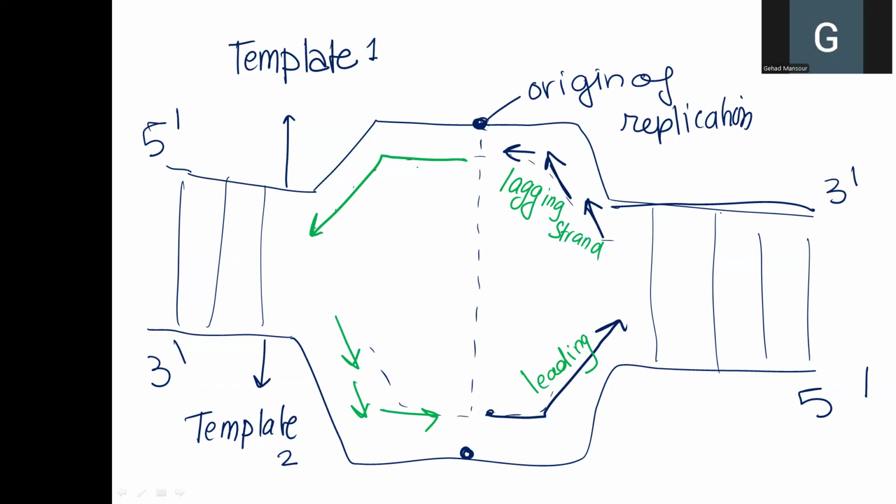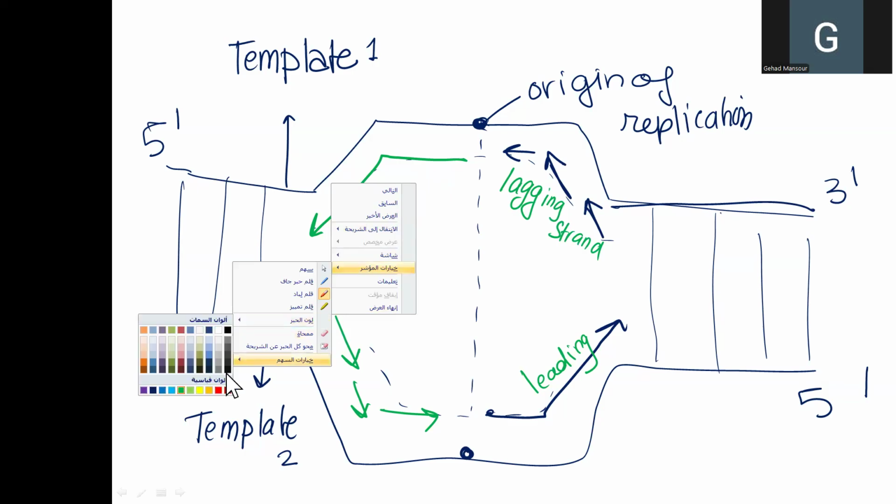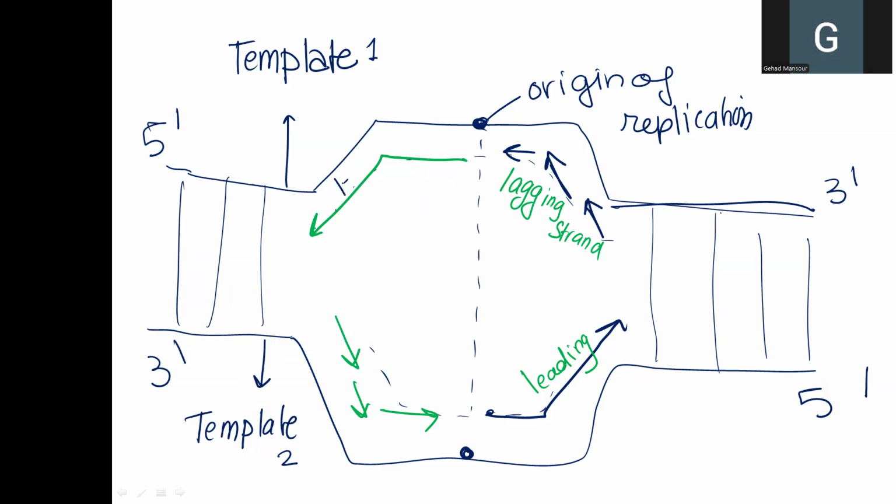And on the other hand, here is the leading strand that is formed on template 1, and this is the lagging strand for template number 2.